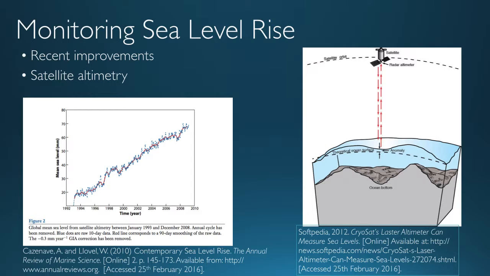So the concept of satellite altimetry is shown here in the diagram on the right. Up here you have the radar altimeter, which transmits microwave radiation down to the surface of the sea.